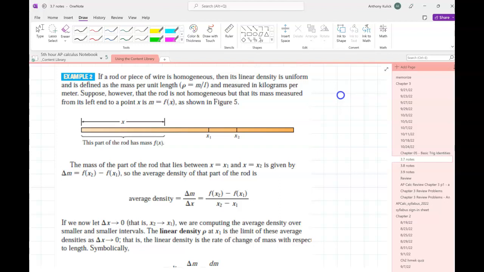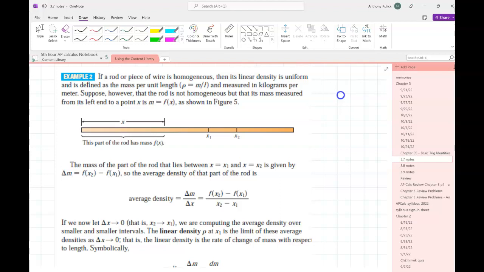It's like the same material throughout, right? Then its linear density is uniform and defined as the mass per unit length. That's the Greek letter rho, equal to mass over length, and measured in kilograms per meter.